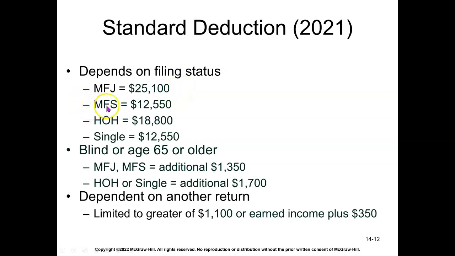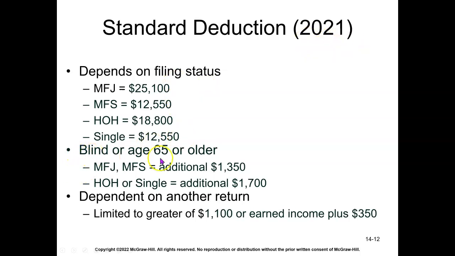If you're married filing separately, you have a standard deduction of $12,550. If you're head of household, you get a standard deduction of $18,800. And if you're single, you get a standard deduction of $12,550. And that's one of those numbers I said changes each year just a little bit. These are 2021. So if you're working on your 2021 return, these are the numbers.